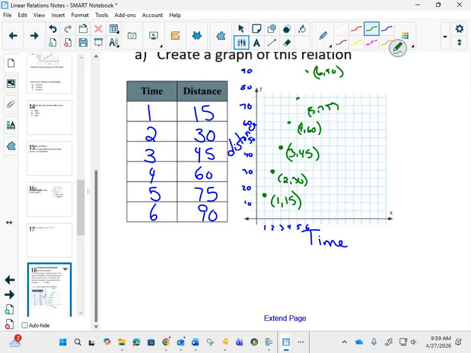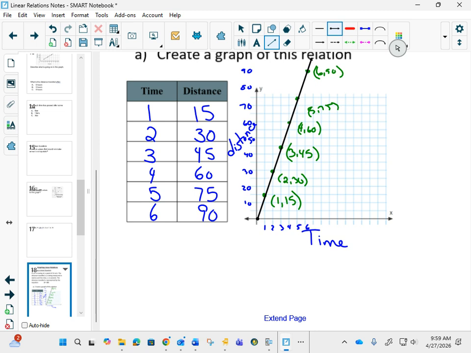Do you notice that those dots line up nicely in a straight line? How far do you think you would go in 3.5 seconds?